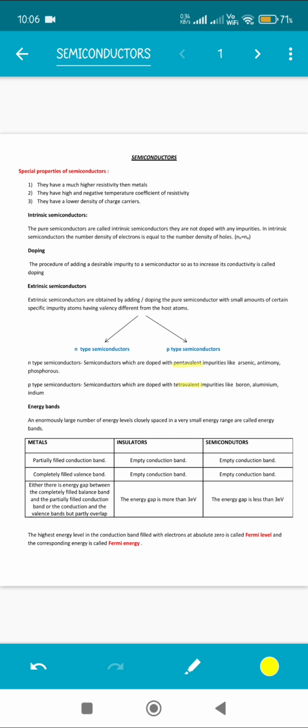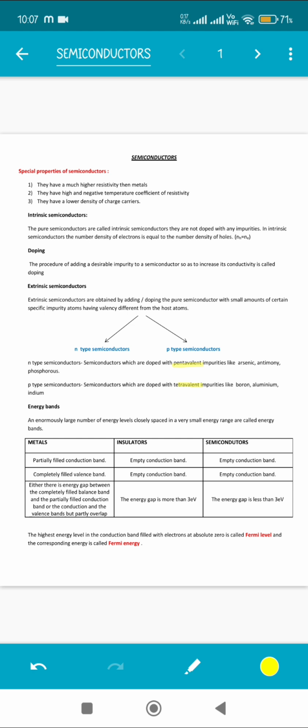So in both cases what we are doing is adding some impurity, some atom, in order to increase its efficiency, in order to increase its conductivity. Now let's understand what happens when N-type and P-type semiconductors are made. N-type semiconductors are made using pentavalent impurities. Out of the 5 valence electrons, 4 electrons are already bonding with the 4 electrons present in the semiconductor.